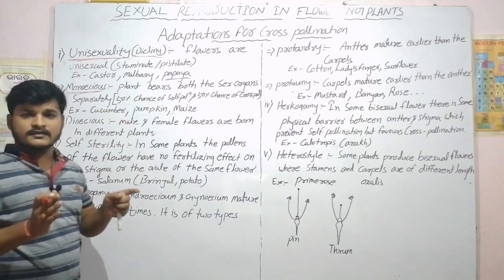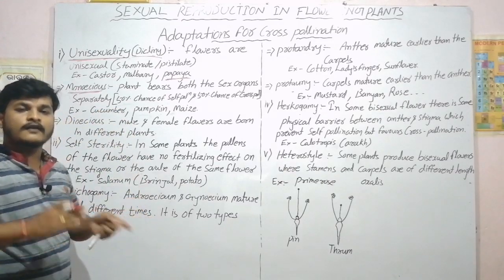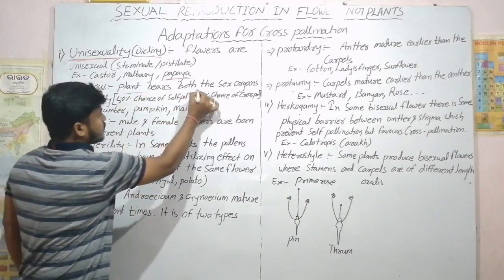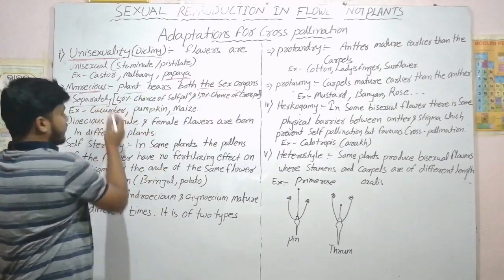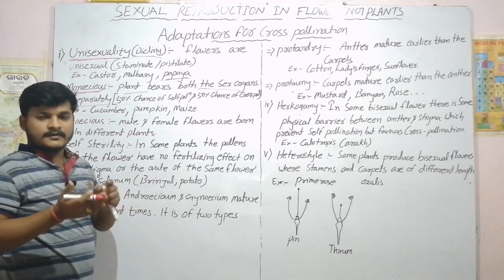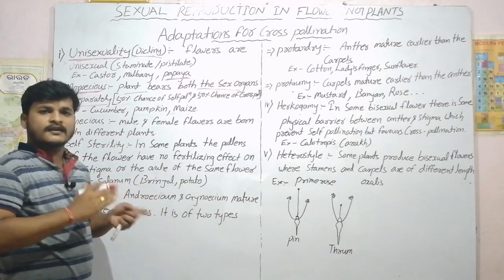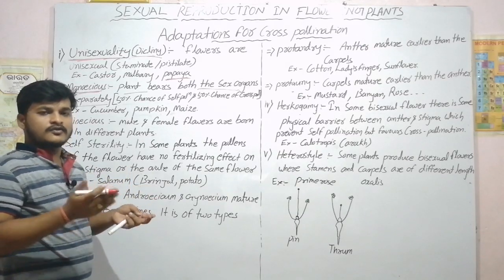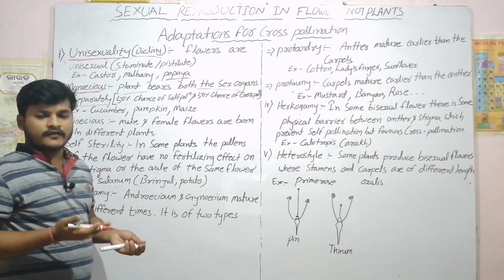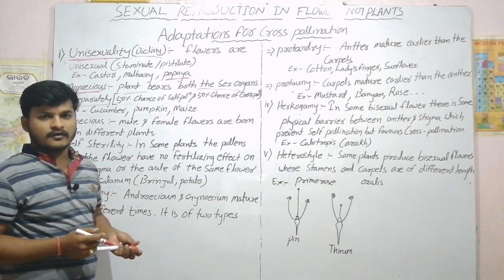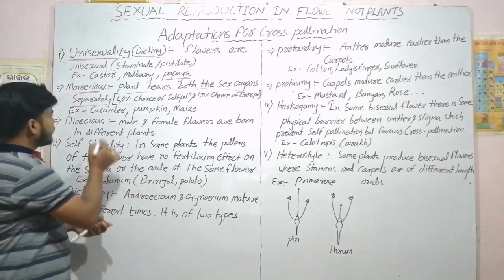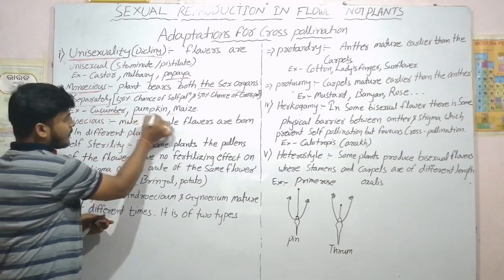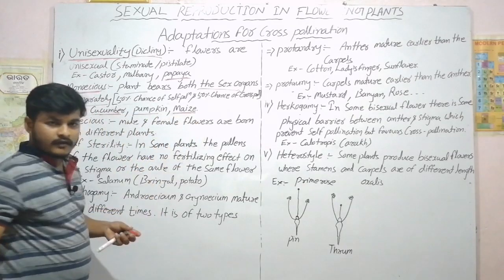There is a 50% chance of self-pollination and a 50% chance of cross-pollination. Common examples are cucumber, pumpkin and maize. Maize is a very common example.